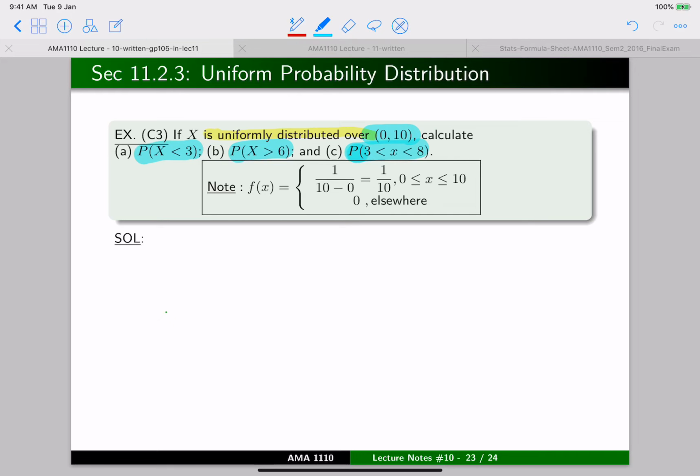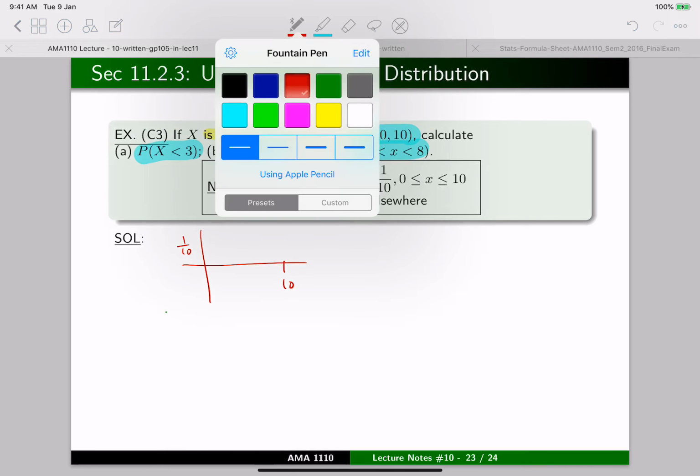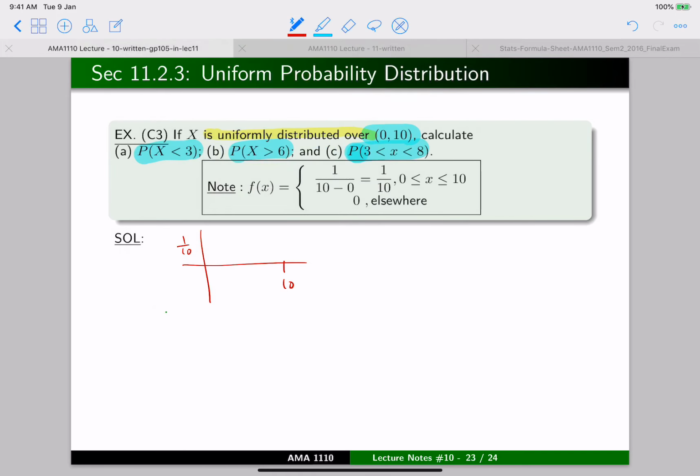We can actually draw it out. It is 0 to 10. So by definition, the height of this uniform probability distribution has to be 1 over 10. Right? So it looks like this. That's just the f of x here.